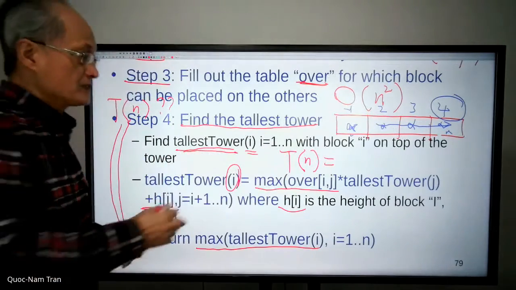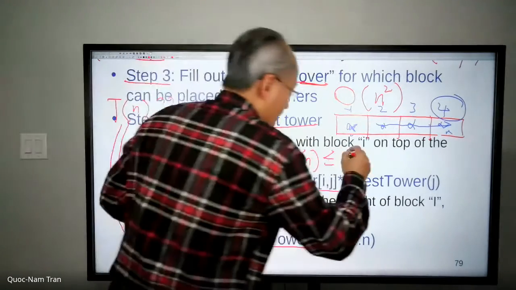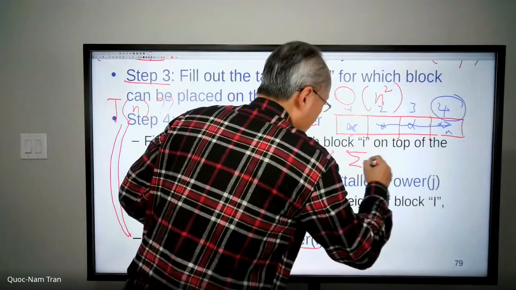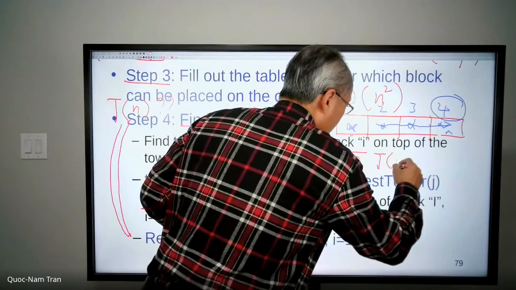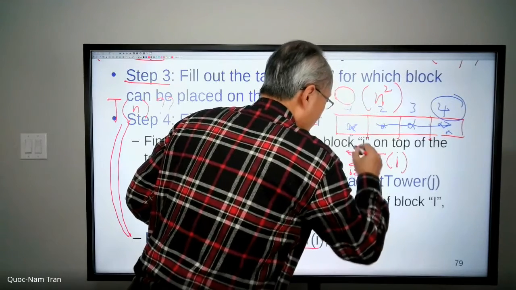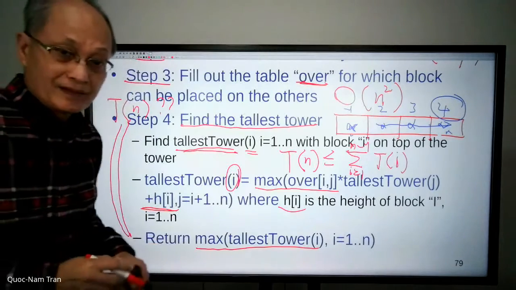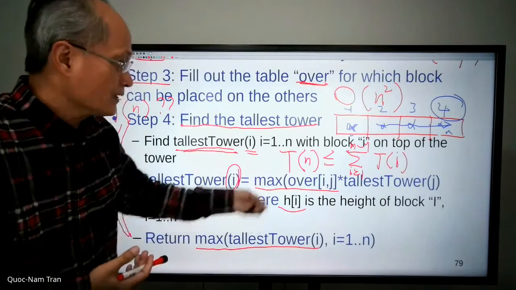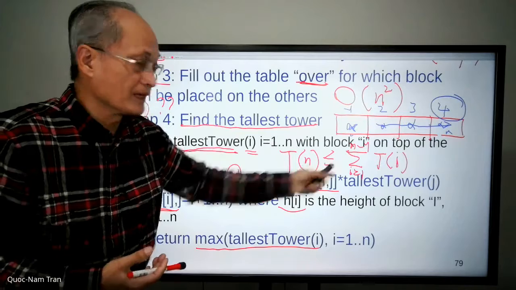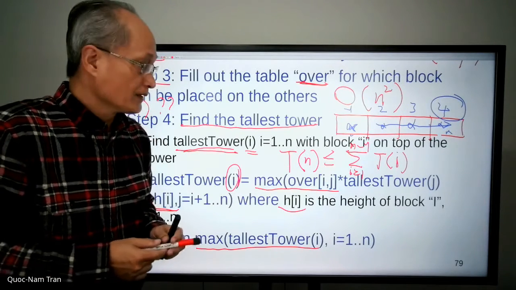So at least Tn will be less than or equal to the sum of Ti for i from 1 to n minus 1, right? Even more, but at least we have Tn is smaller than this one, right? Okay?